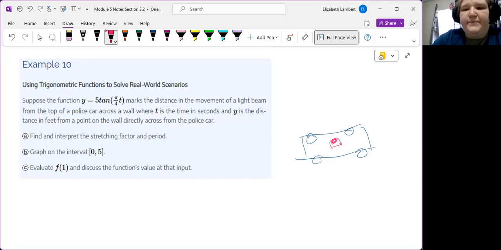Here's our police light. And you know how they spin around and around. And then we have a wall.